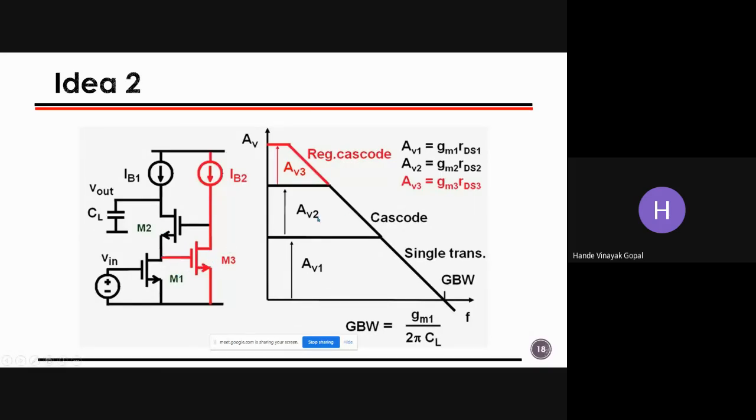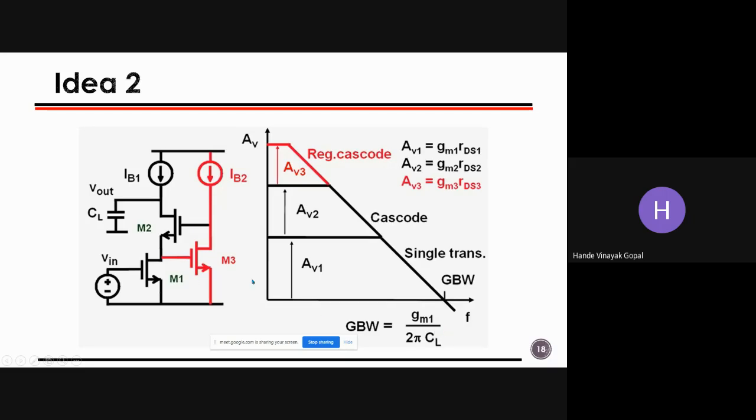Here you will get the gain in terms of gm1 rds1 into gm2 rds2 into gm3 rds3, right? So all these three blocks will get multiplied. But again, at the end of the day, the unity gain bandwidth is again gm1 by CL.